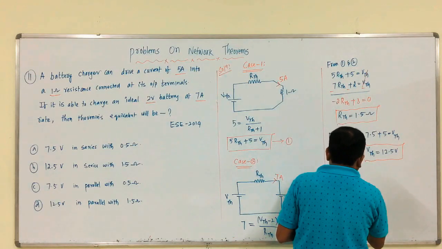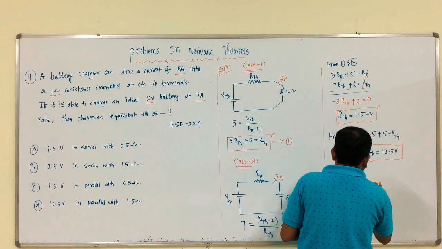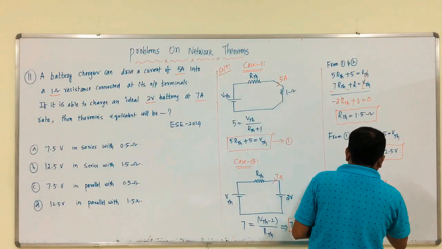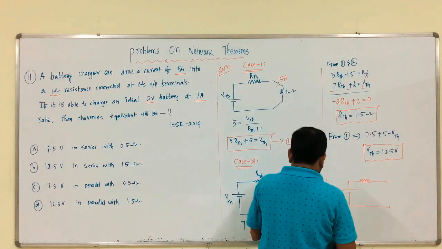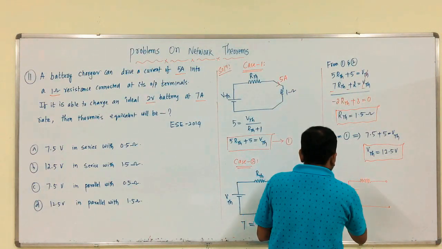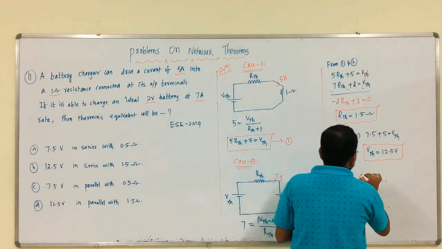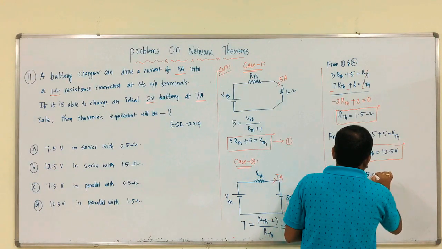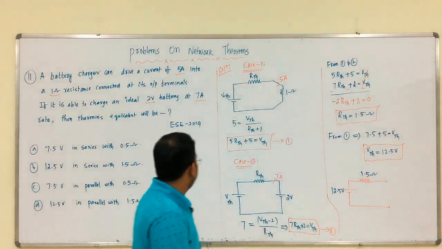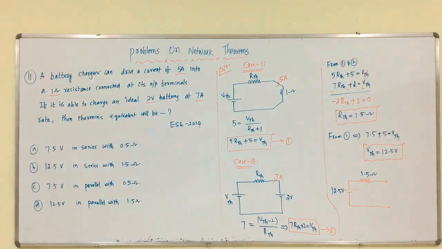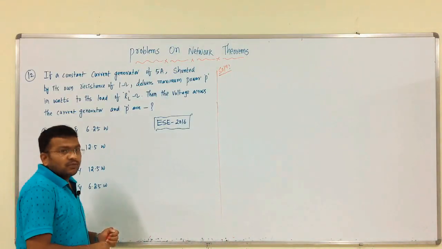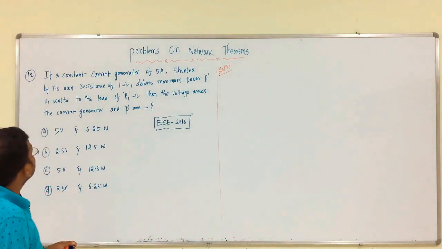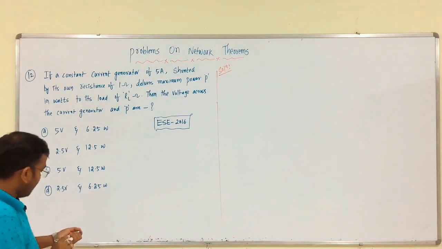We have 12.5 volts. This is what? 1.5, right? Therefore, 12.5 volts in series with 1.5 ohms. Option B is correct.